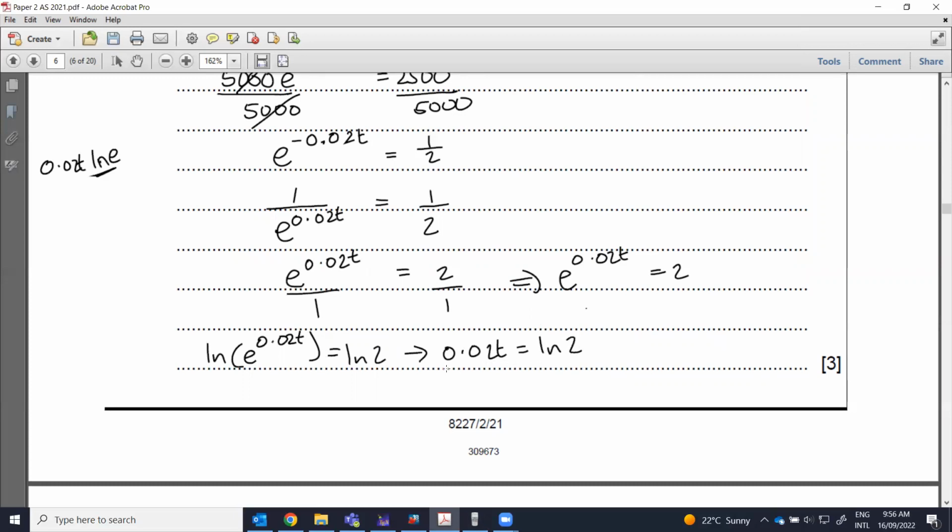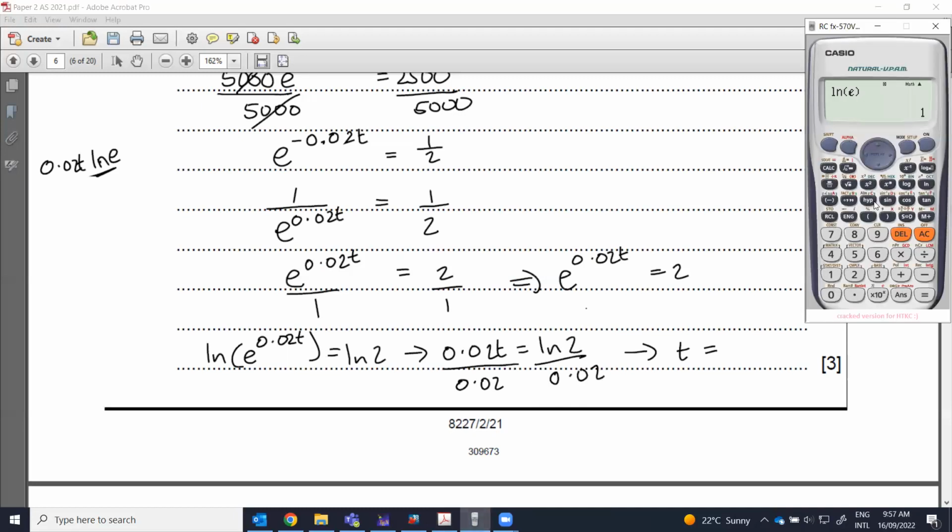And then to solve for t, I divide by 0.02 on both sides. And this means that t is equal to ln of 2 divided by 0.02.